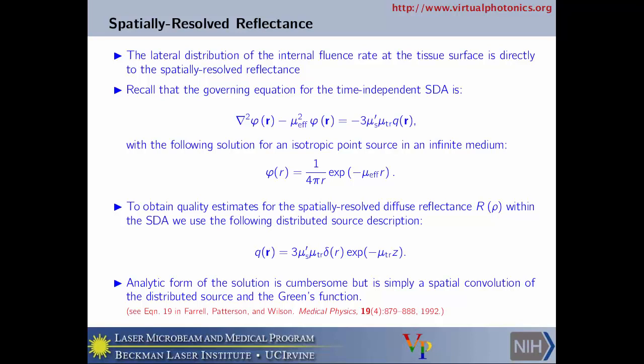The analytic form of the solution of dumping this source into this equation is actually quite extensive. Here's the reference. I won't go through the mathematics, but essentially you convolve this source with the Green's function, which is the solution to a point source, to get the solution to that equation.